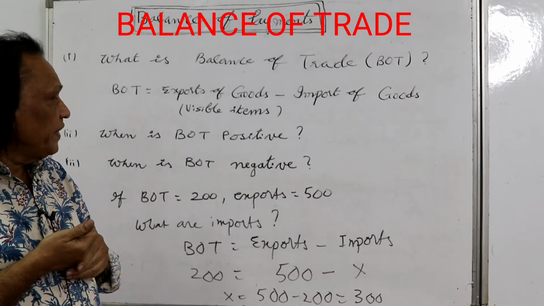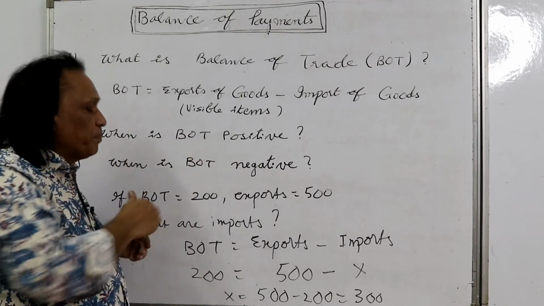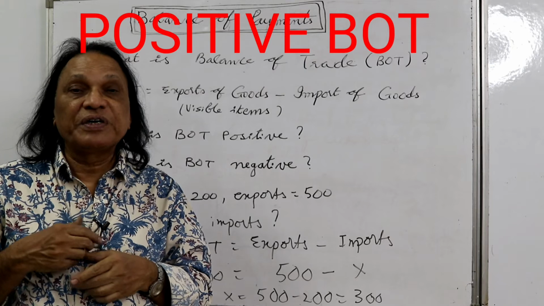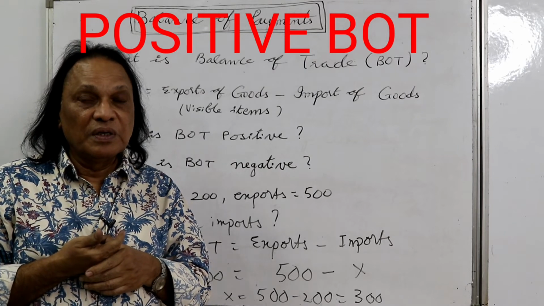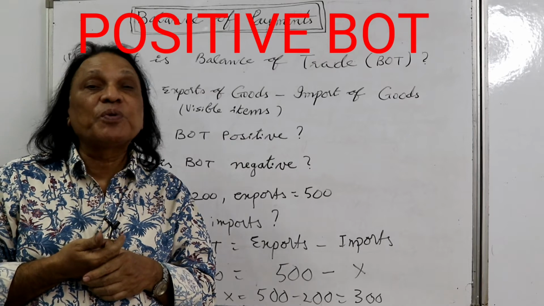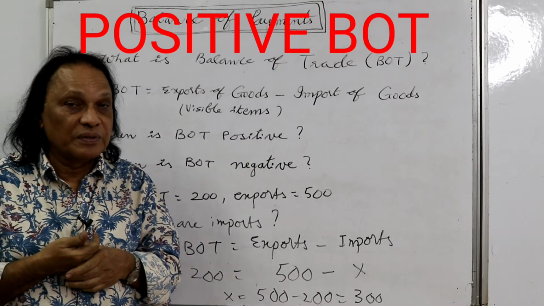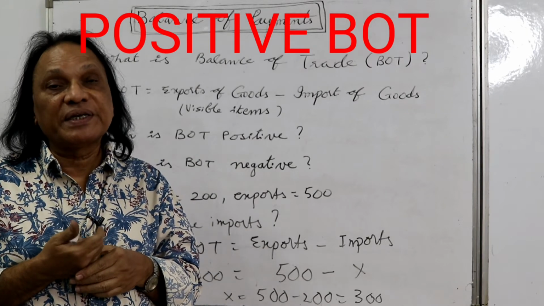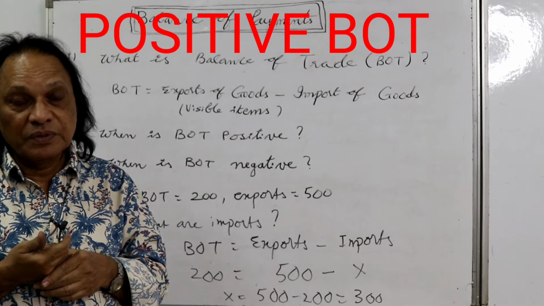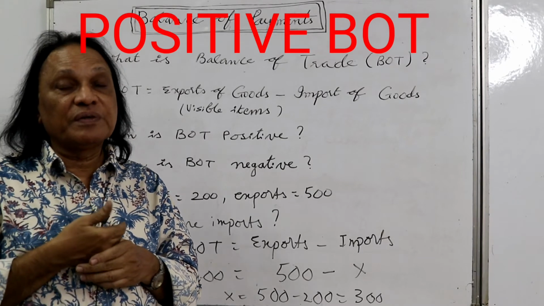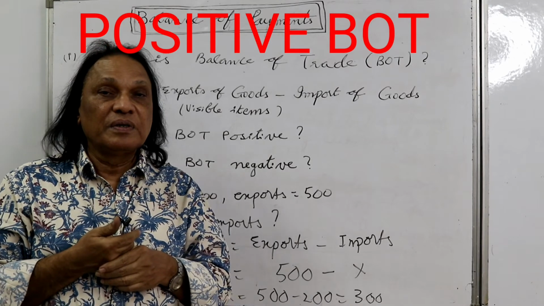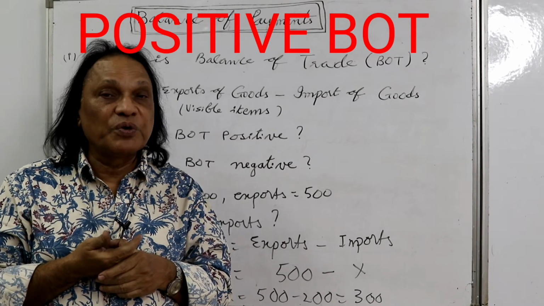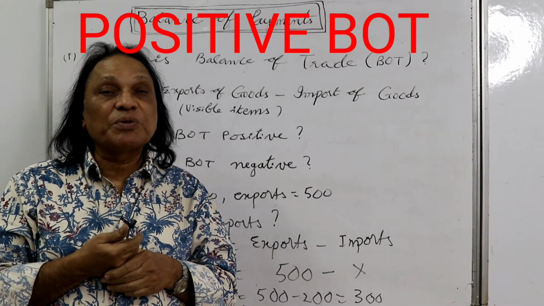Now we go to the next part. When is BOT positive, or we call it favorable BOT? It's good. Positive means when the exports of goods is greater than import of goods, when the export of visible items is greater than import of visible items. So we take an example. If India is exporting $500 million worth of goods and importing $300 million, it's a positive BOT.